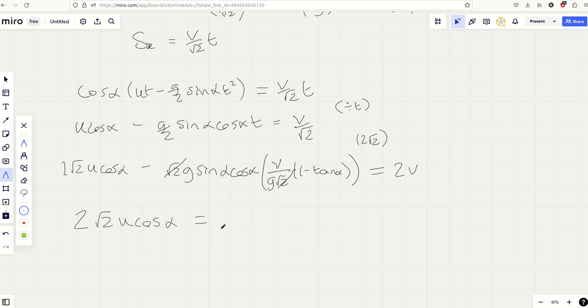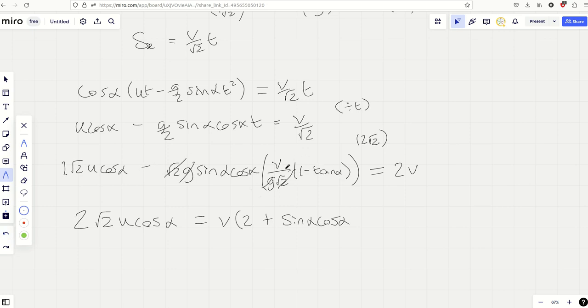So 2 root 2 u cos alpha equals v times 2 plus, now, when you times this out, the g is going to cancel with that bit. Yeah, that's lovely. Root 2 g cancel. And we're going to have sine alpha cos alpha. And then this is actually going to be a minus, because minus becomes plus.